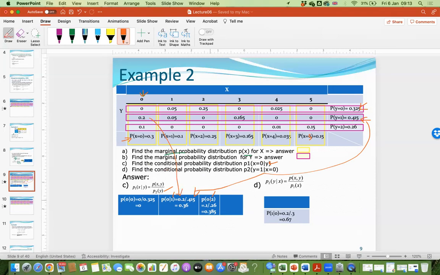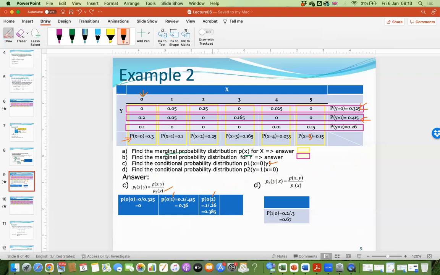Okay? Same thing here. I would like to find the probability of joint X, Y, by referring to this equation, and we know that X is 0, okay? Y at this condition is 2, so therefore I have 0.1, okay?